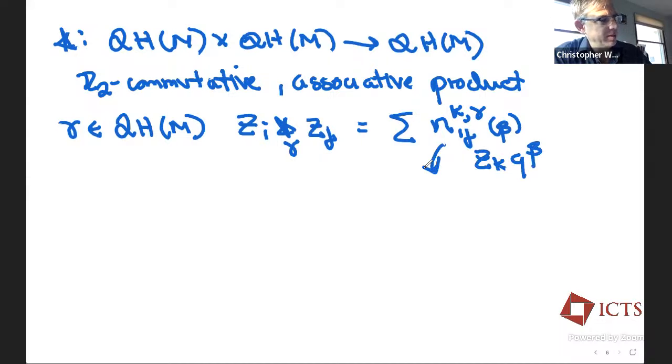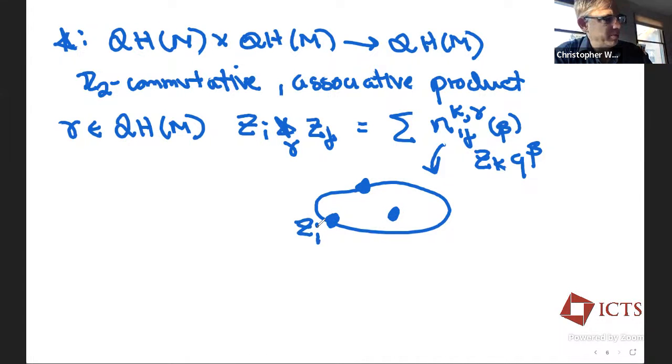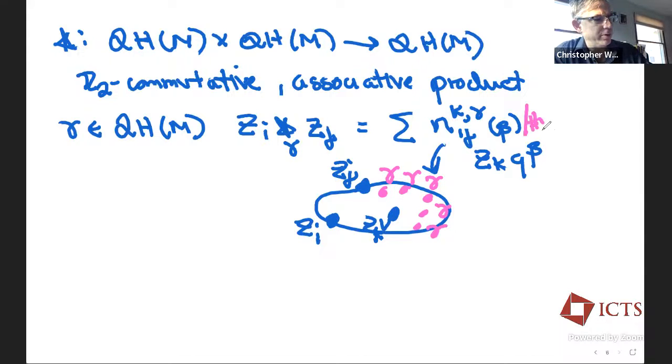Where now it's not just a 3-point Gromov-Witten invariant. So now you want one of these to map to Zi, one of these to map to Zj, one of these to map to Zk dual. But now you have a whole bunch of extra points here. Okay. I see. Which you require to map to this gamma. And then you mod out by the number of gamma factorial, however many gammas you have, mod out by the order of some permutation.